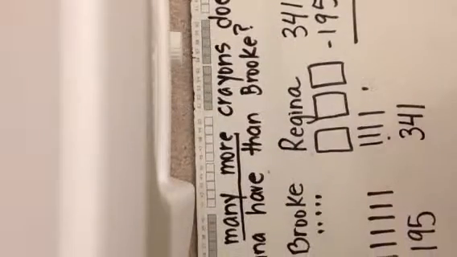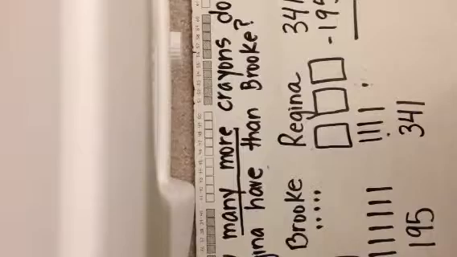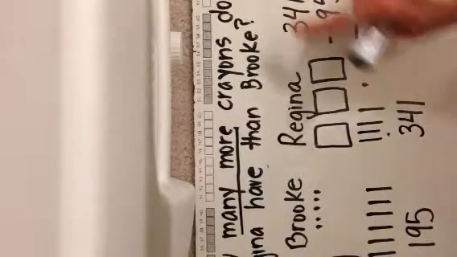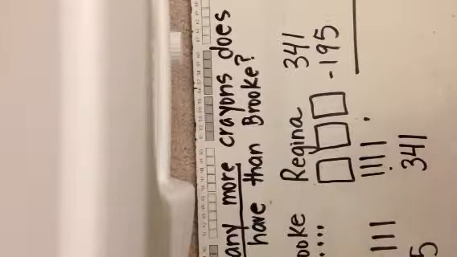I had some friends that put 200. I'm not really sure how they came up with 200. But this is how you would have set it up. 341 minus 195. And like I said, I would have given you partial credit if you set it up that way.